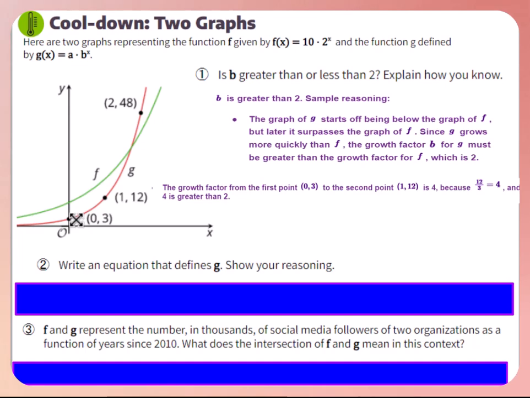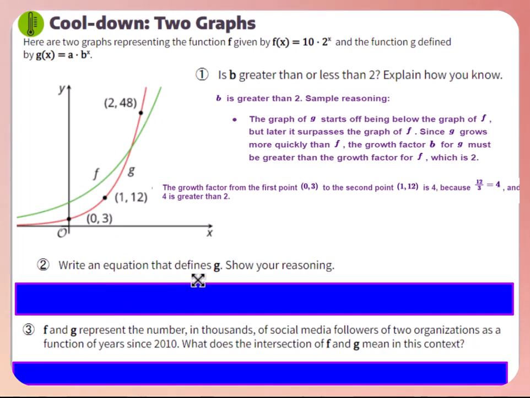This one starts at 3, and this one starts at 0, 10. But later it surpasses the graph of F since G grows more quickly than F. So this growth factor must be larger than 1, and also larger than the growth factor for F.